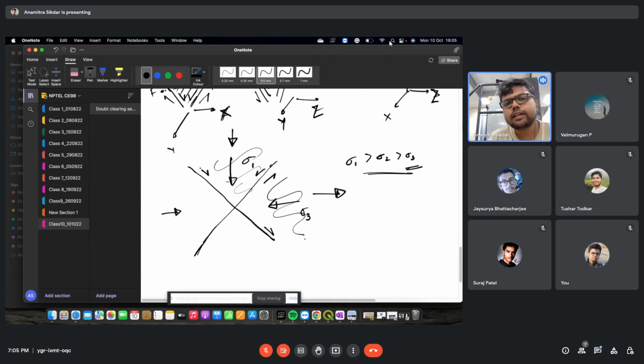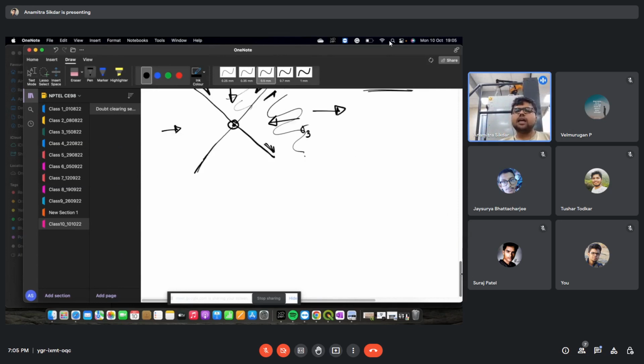And sigma 2 will be out of the plane or inside the plane, doesn't matter. So we have to understand this diagram very carefully.